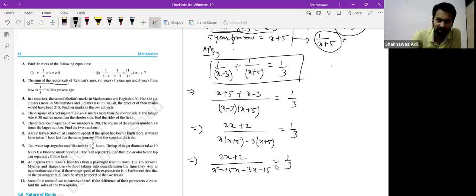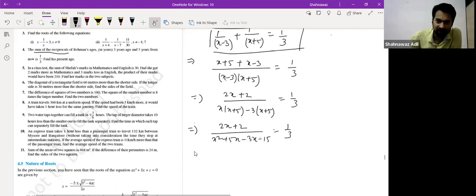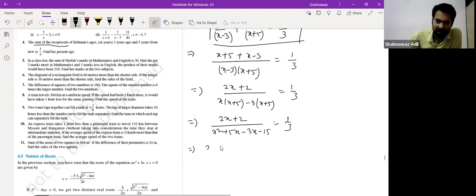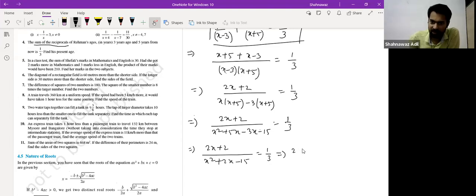So 2x plus 2 over x squared plus 2x minus 15 equals 1 by 3. Cross-multiplying, 2x plus 2 into 3 equals x squared plus 2x minus 15.